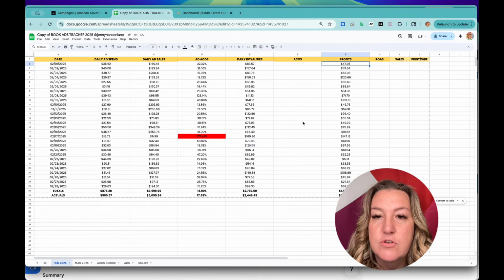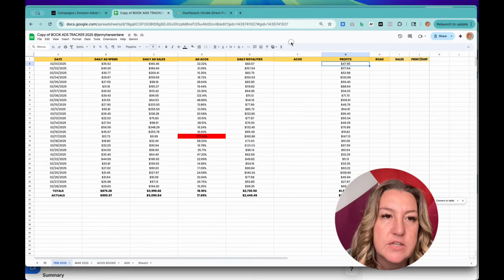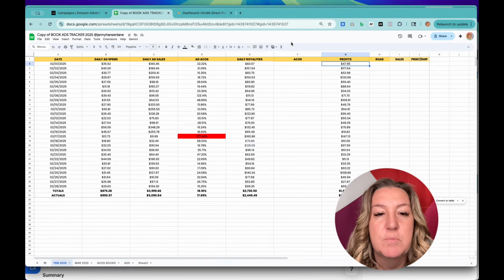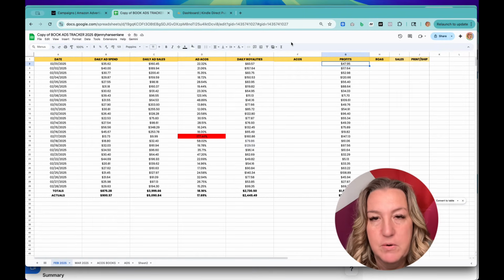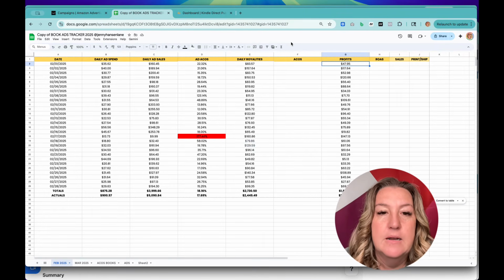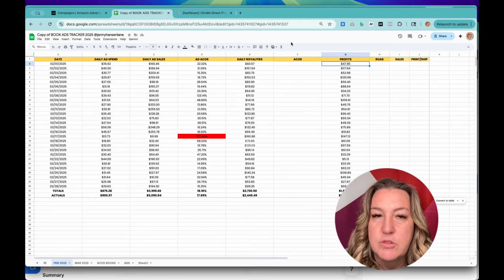Okay. And so you can see here, when I started sharing this spreadsheet, when I started making copies of it for people, was February of 2025 for my students. And I am deciding to share it with you because it's very valuable and it can really help you a lot. Okay. So, and this is the very basics to get you started.